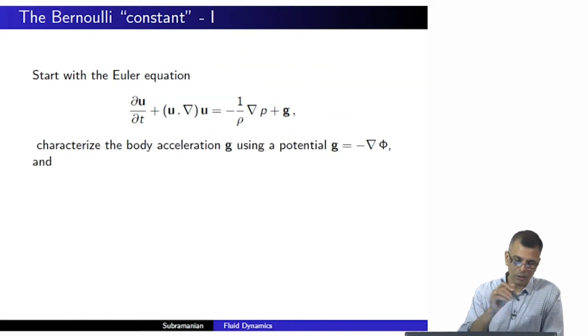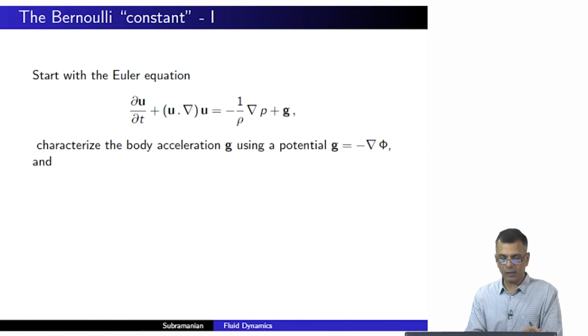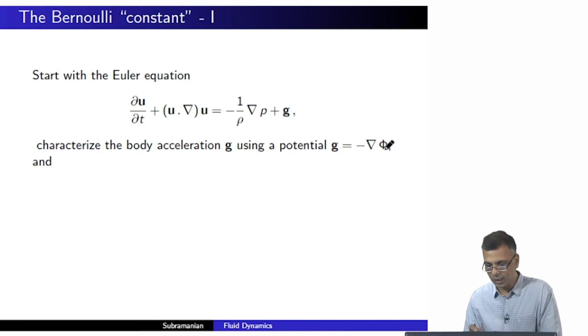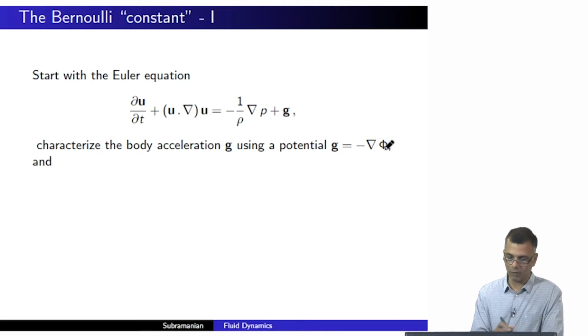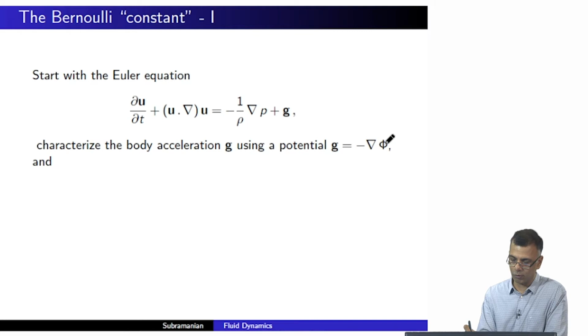So let's move ahead. Let us now characterize a body force using a potential. If it's a gravitational potential, then it's easy enough to write. There's a reason, right? You can already see mathematically, if you write this down as a gradient of a potential, this is a gradient of a scalar pressure and this is the gradient of another scalar field, so you can absorb both the gradients.